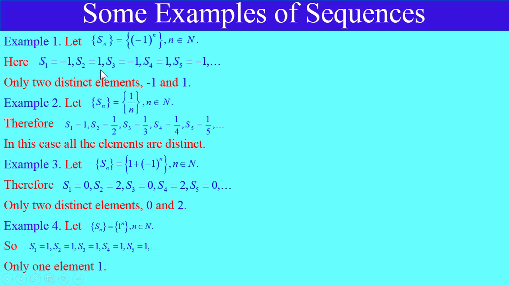So, S2 is equal to 1. Similarly, for n equal to 3, S3 is equal to minus 1, S4 is equal to 1, S5 is equal to minus 1, and so on. So, only two distinct elements are minus 1 and 1.